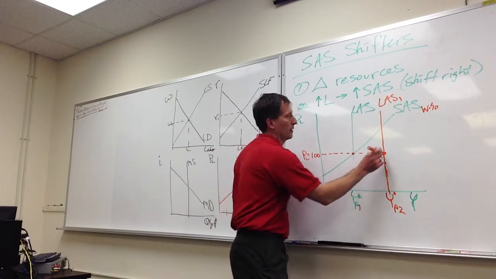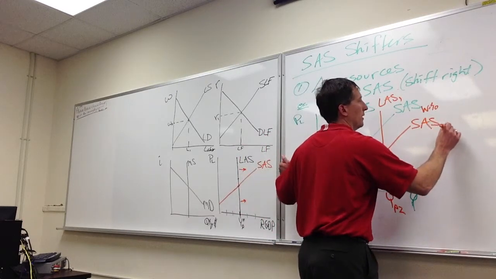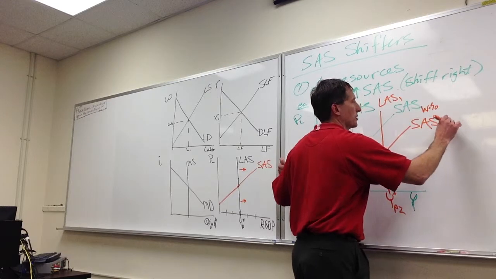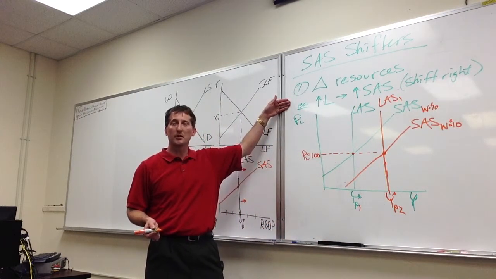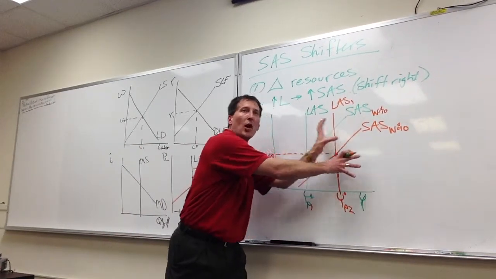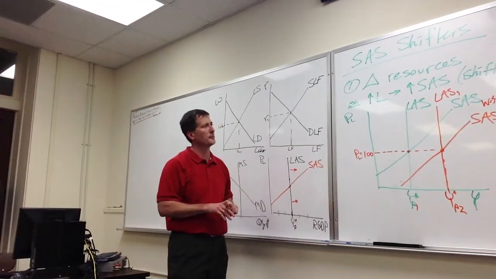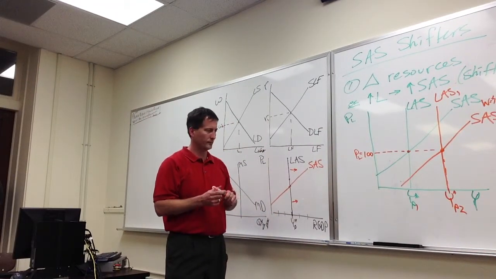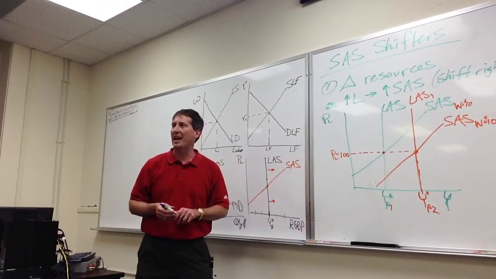And the short run aggregate supply curve would move to that level. Notice that we haven't touched nominal wages. They're still $10. We just had a change in the resource base. But this whole thing would kind of move in harmony together on a change in resources. Questions on that at all? Kind of the mechanics of the graph.